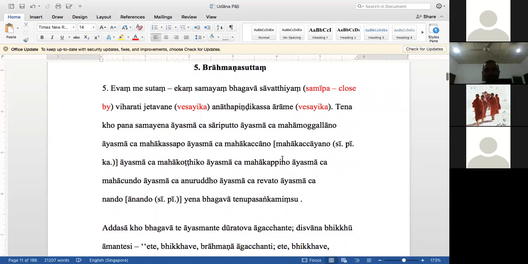Then we come to, yes. I would like to ask about the Samipa and Vesaika, Bhante. Sorry, Opasilesika and Vesaika. So it means, for example, right now my computer is on the desk, so it is Opasilesika. Yes, exactly. And then I'm in my room right now, so it is Vesaika, Bhante.